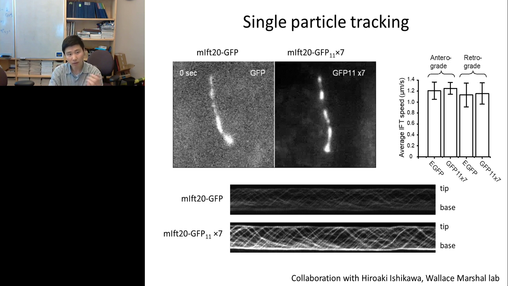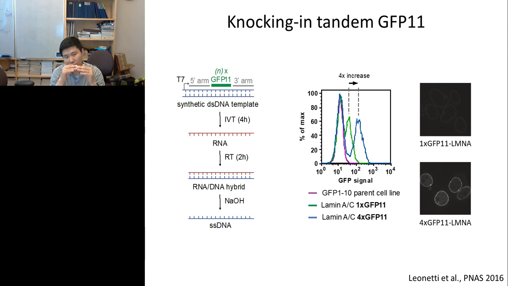Well, the flip side is that now the DNA insert is larger and we cannot just directly synthesize the donor DNA. Emmanuel has worked out a protocol of using in vitro transcription and reverse transcription to make a single-strand donor DNA with multiple copies of GFP11. And we tried it also on the NUP gene.